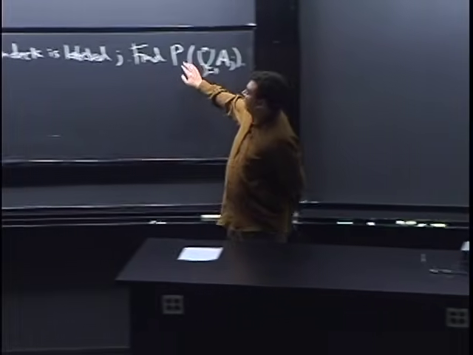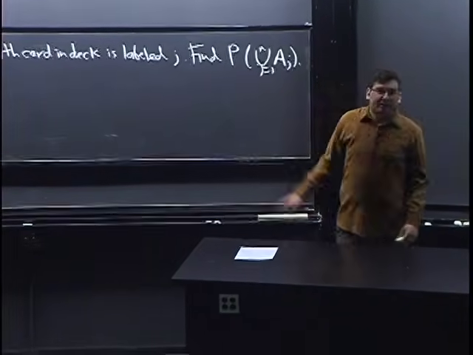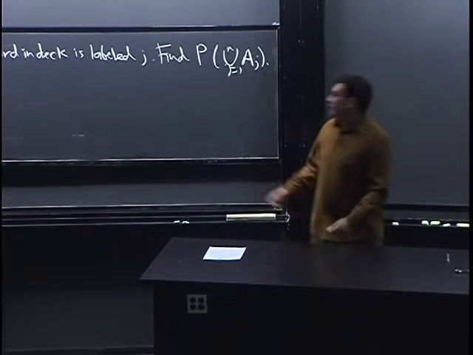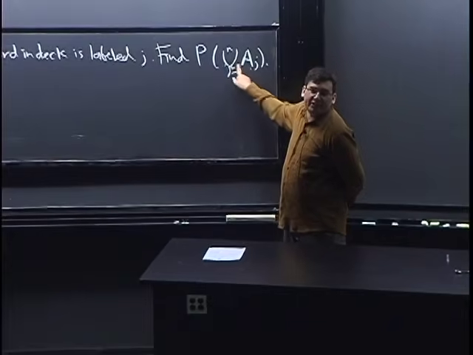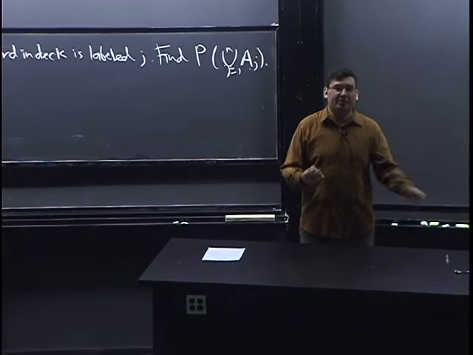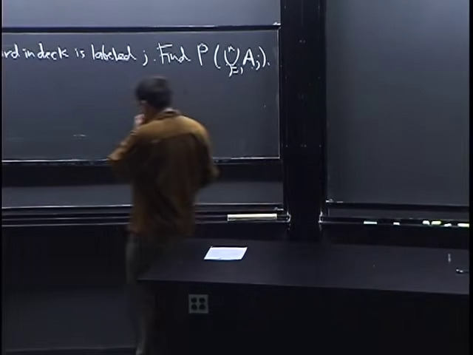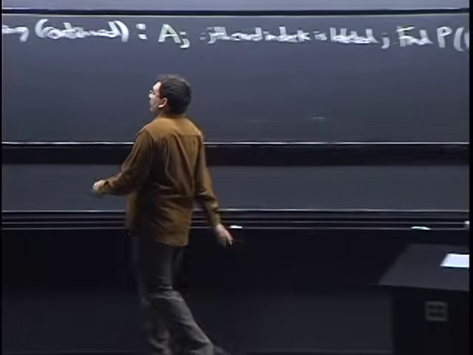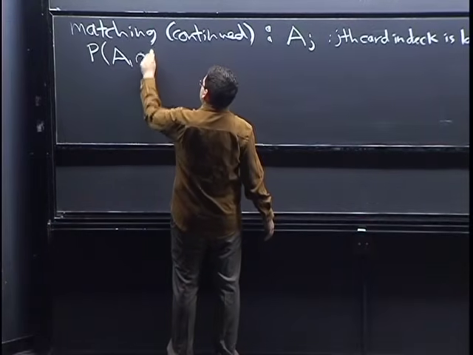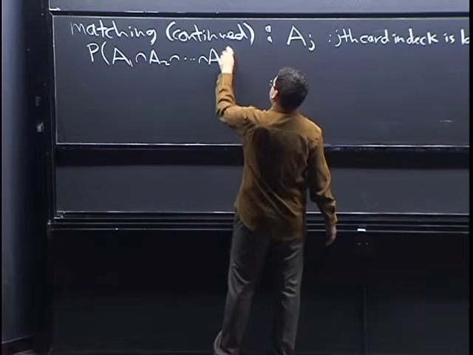So if you remember your inclusion-exclusion, it says that this probability of the union is going to be something that looks like first you're going to add up the individual probabilities, then you're going to subtract the probabilities of different intersections, right? And then you're going to add triple intersections, and you're going to subtract and add, and you keep going like that. So in order to compute what we need for inclusion-exclusion, basically what we need is the probability of A_1 intersect A_2 intersect blah, blah, blah, intersect A_k.